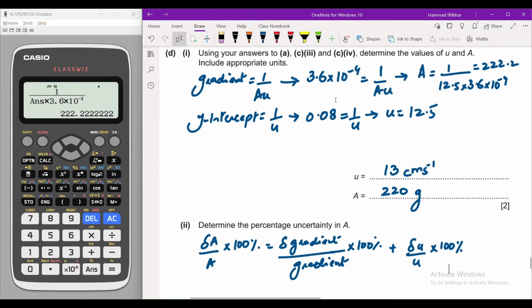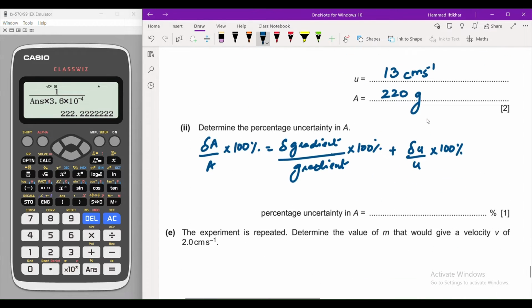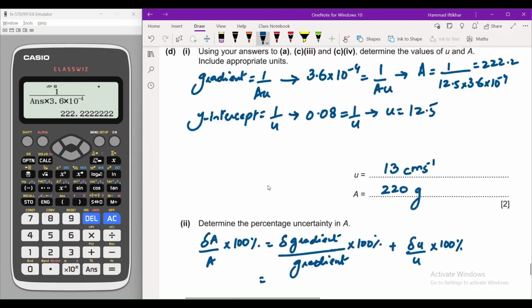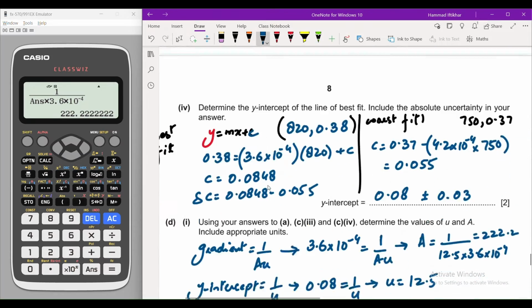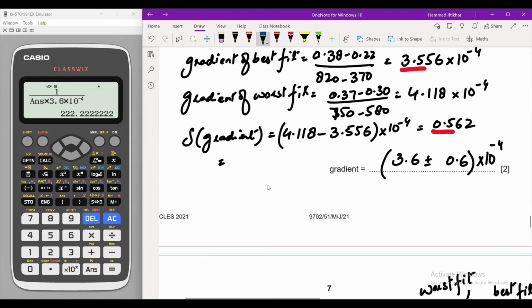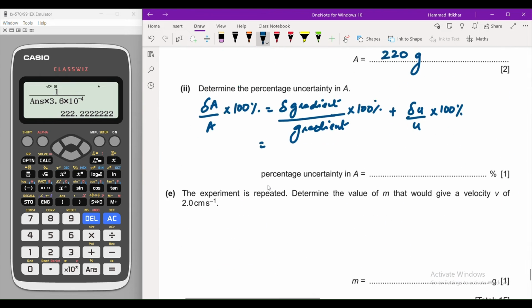Because we actually calculated A to be the reciprocal of the product between gradient and U, so that's how we'll find out the percentage uncertainty. So the percentage uncertainty in the gradient, we did calculate this: 0.6, the power of 10 doesn't change the percentage uncertainty, so we will just write 0.6 over 3.6.